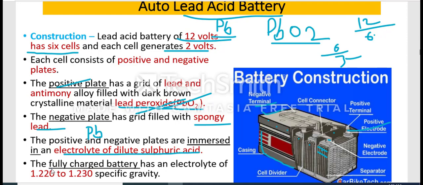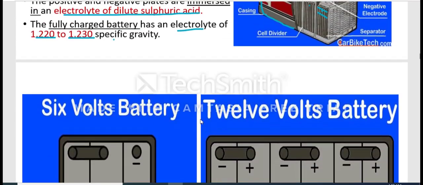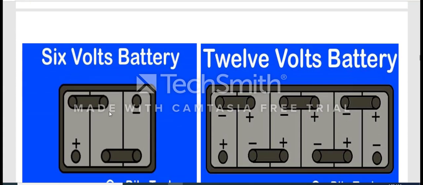The fully charged battery has an electrolyte of 1.220 to 1.230 specific gravity. If the battery is fully charged, then the electrolyte has a specific gravity of 1.220 to 1.230. Remember this. In this diagram we can see, if this is a 6-volt battery, then 3 compartments are there: first, second, and third.